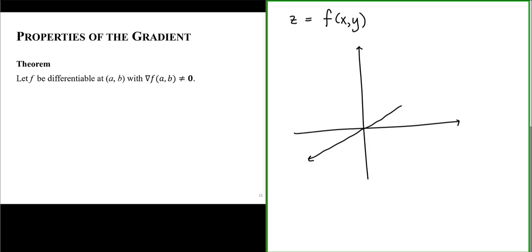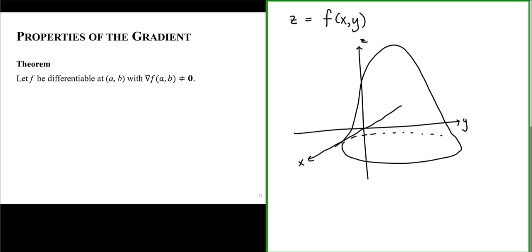So in this coordinate system, we will have the x-axis coming towards us, the y-axis being the horizontal axis, and the z-axis being vertical. Let's say we have some surface that looks maybe like a hill, kind of like that. Here is our z as a function of x and y.